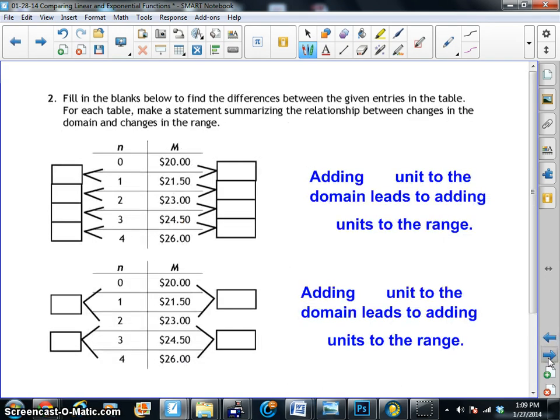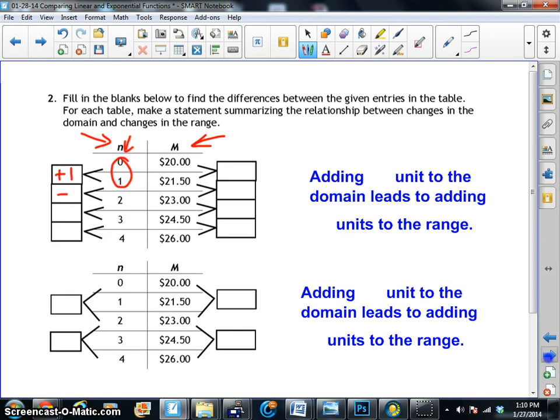What I really want to get into right here is the add rules. Basically it says as we add to our domain, what happens to our range? So if we add 1 unit, in other words, we have a change between 0 and 1, the difference is we added 1.